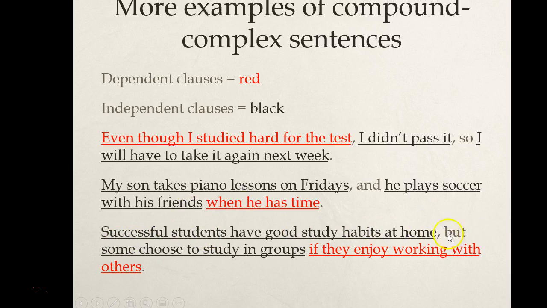Independent clause, connecting here with a comma and a fanboys. Some choose to study in groups. Okay, so another independent clause. If they enjoy working with others. A dependent clause starts with one of our subordinating conjunctions, if. Successful students have good study habits at home, but some choose to study in groups if they enjoy working with others.